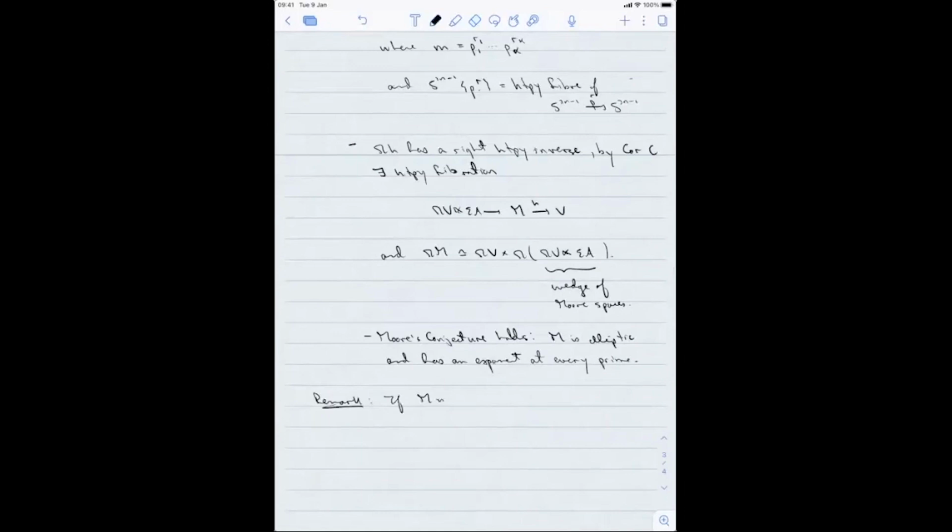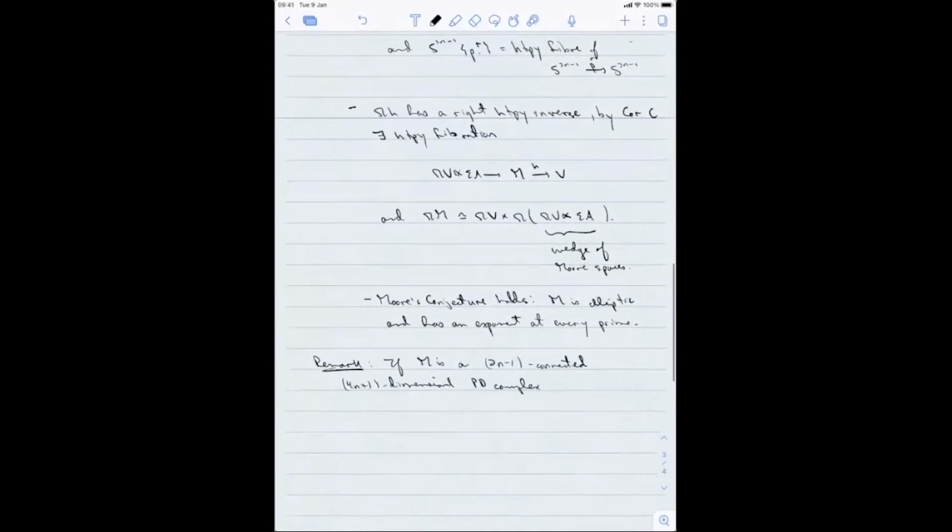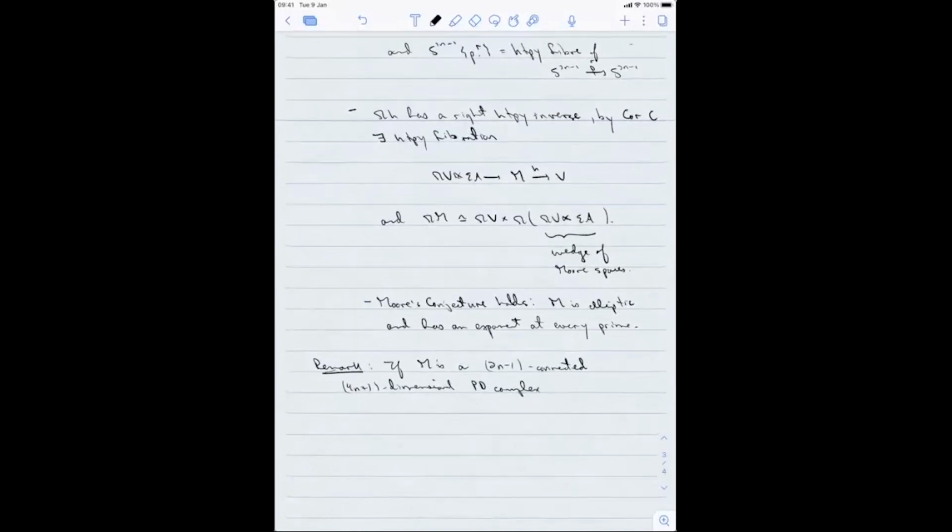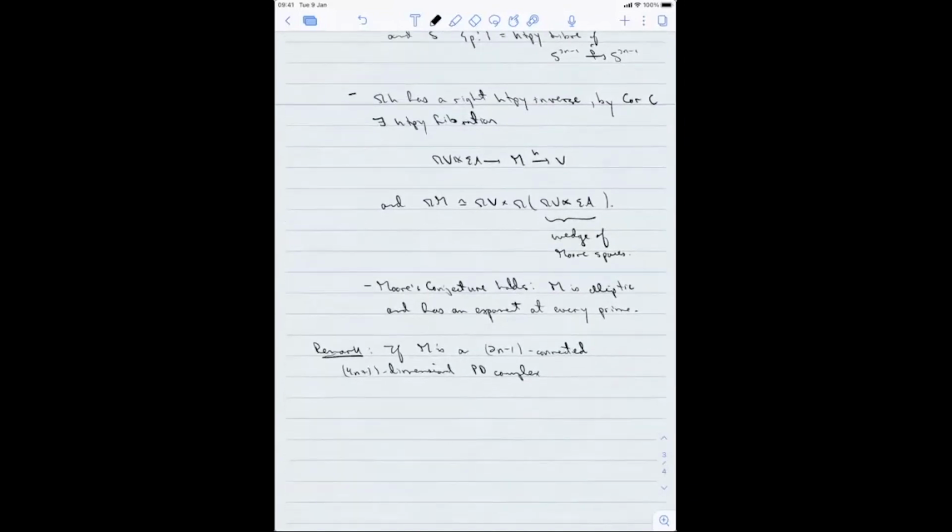If M is a 2n minus 1 connected, 4n plus 1 dimensional Poincaré duality complex, again its n minus 1 skeleton would only have cohomology in degrees 2n and 2n plus 1. So it's homotopy equivalent to a wedge of spheres and Moore spaces. Let's exclude the sphere case because we know how to handle that.